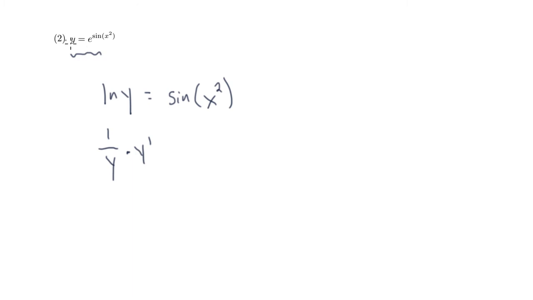Notice that when we have y equals something, when we do logarithmic differentiation, we always get exactly the same thing on the left-hand side, 1 over y times y prime. And then the right-hand side, well, this is going to be cosine, that's the derivative of the outside function. And then by the chain rule, we just multiply by the derivative of the inside, which is 2x.